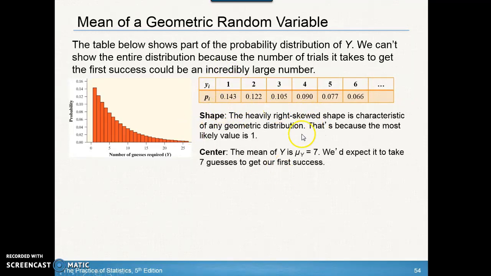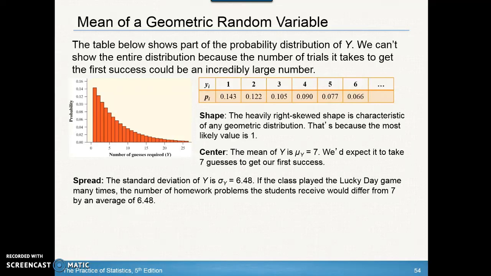The center of y is equal to 7. So in this case, we'd expect it to take 7 guesses to get our first success. We'll go over how we get that number in a minute. In this case, the standard deviation is 6.48. If the class played the lucky game many times, the number of homework problems they would receive would differ from the mean of 7 by an average of 6.48.